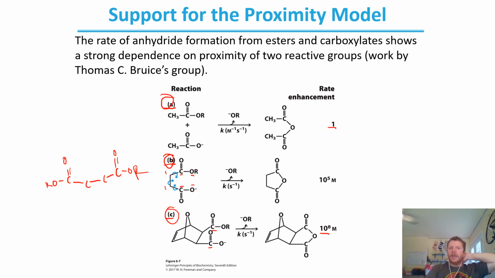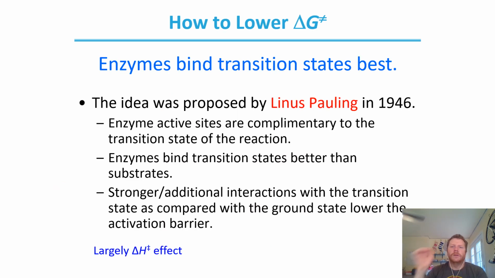It's 10 to the 8th faster than when we've got our two starting molecules as separate molecules altogether. So that proximity model is pretty cool because it's saying that if you can ensure that these two groups are as close to one another as possible, you're going to see an improved reaction rate.